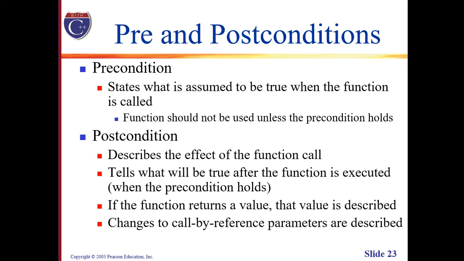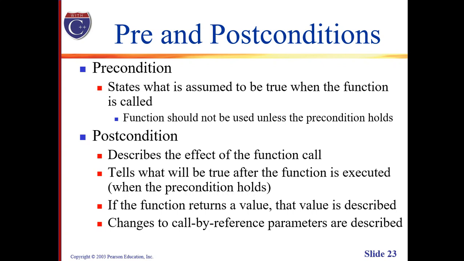For the precondition, this states what is assumed to be true when the function is called. For example, a function should not be used unless the precondition holds. Therefore, we need to satisfy a number of conditions first, whether that would be a set of input, something like that, or the initialization of certain variables.